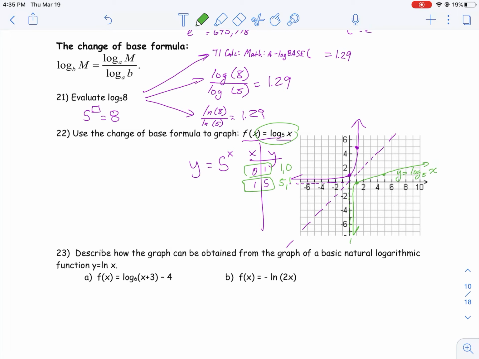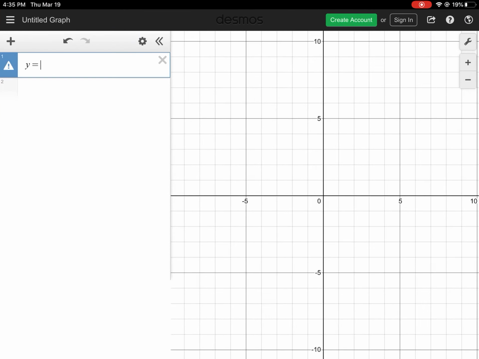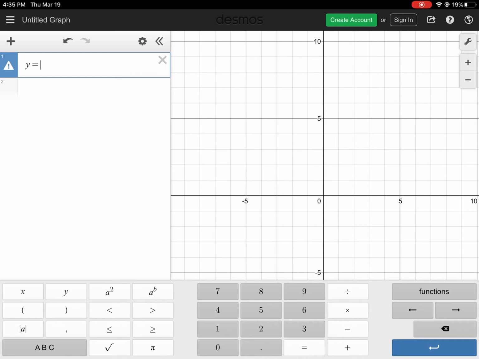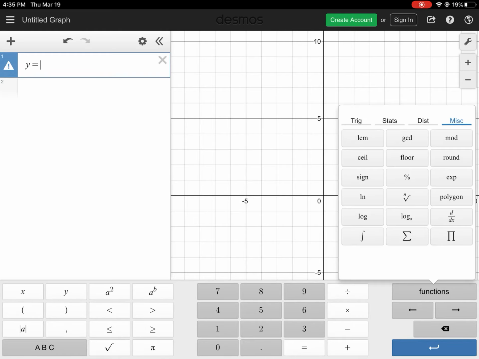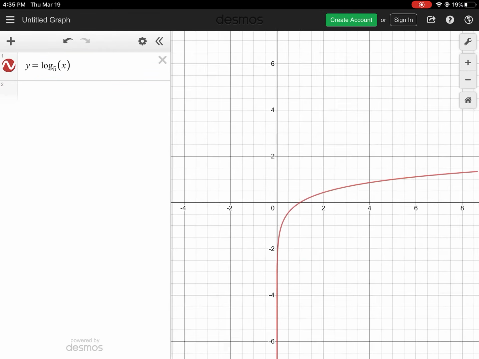Now, if you go back and want to do this on a calculator, you can, or I will show you in Desmos. So we can just type in y equals, and to get a logarithm, we're going to need a function, and they do have a log base a here. So I can do log base 5 of x.